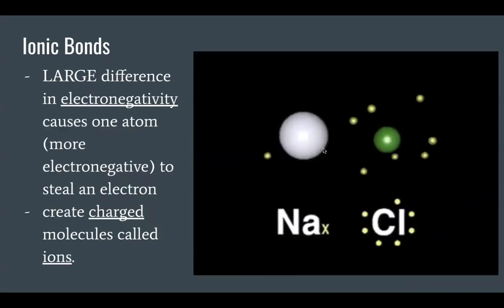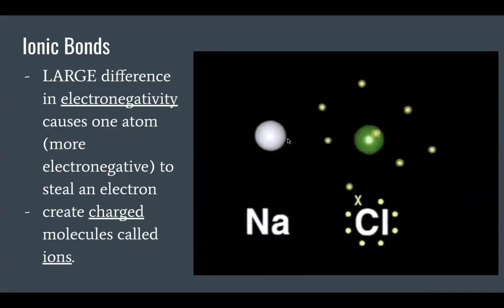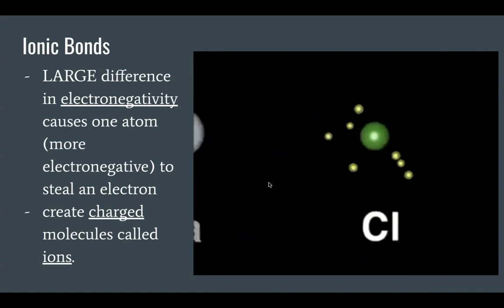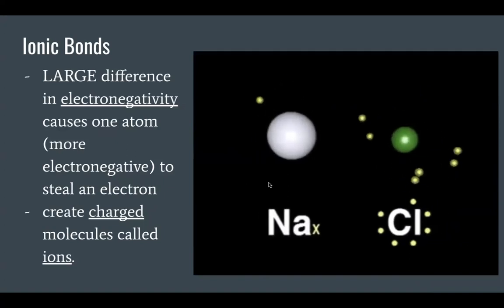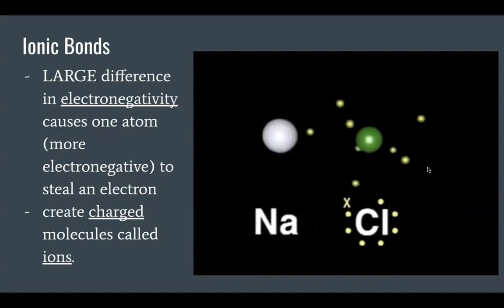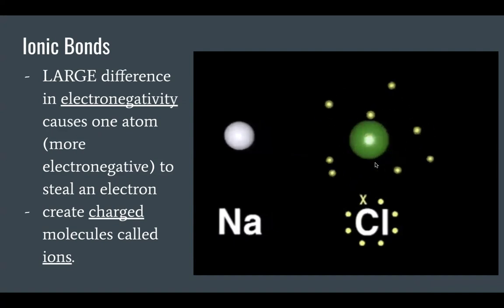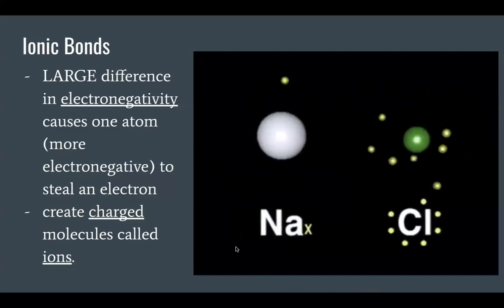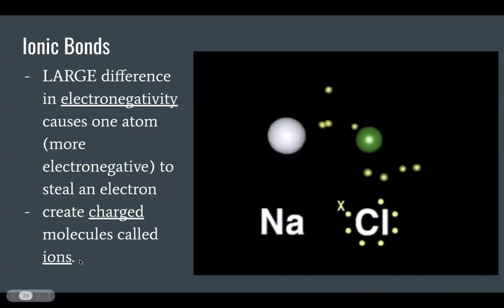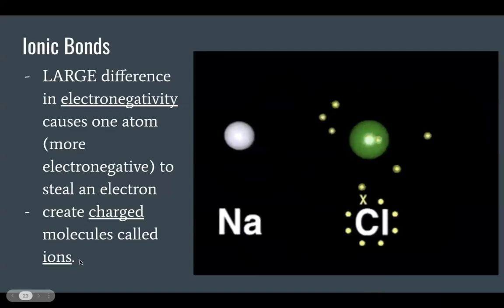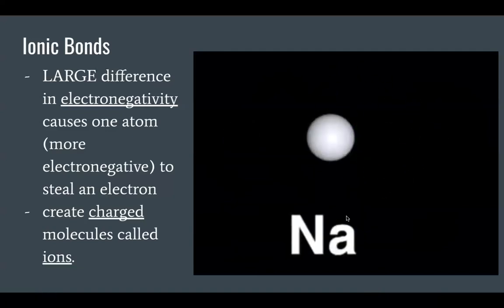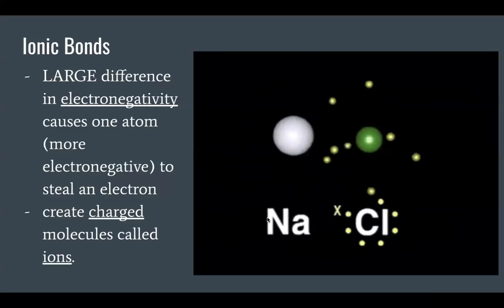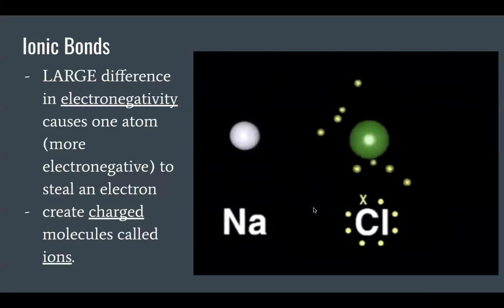If we were to draw the charges on these molecules, sodium would end up with a positive charge because it lost an electron. And remember, electrons are negatively charged. And chlorine would end up with a negative charge because it gained the negative charge of the electron, right? So when an ionic bond is formed, it's going to create these things called ions, which are charged atoms that are the result of losing or gaining an electron.